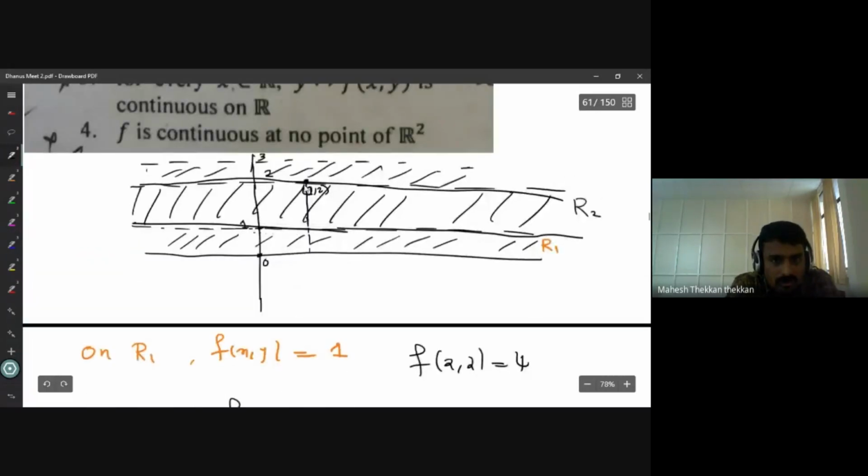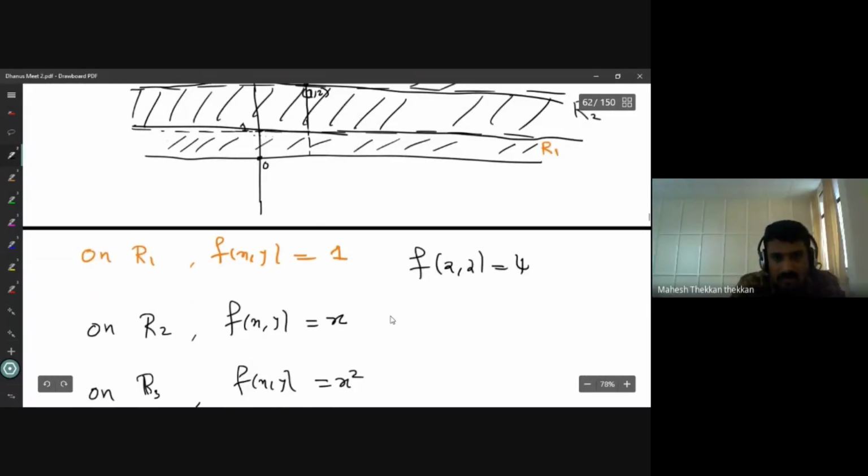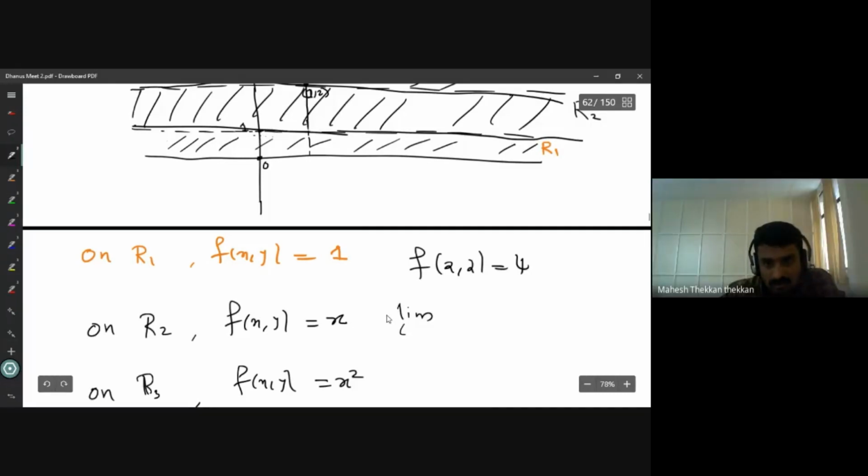So whenever you go very near to this point 2, 2, whatever small neighborhood you take, that function value will be x. What about the limit? Limit of x, y tending to 2, 2 along that line.